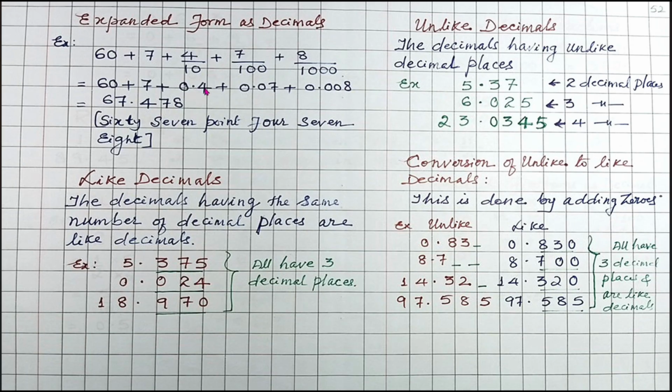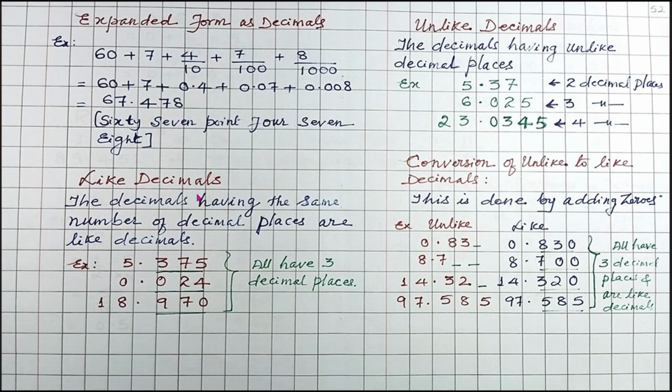Remember, 10 has 1 zero, so the decimal point comes after 1 place; 100 has 2 zeros, so the decimal point comes after 2 places; 1000 has 3 zeros, so the decimal point comes after 3 places. Now add these. 60 plus 7 is 67, adding 0.4, 0.07, 0.008, we get 67.478. Therefore the expanded form is converted into the decimal number 67.478.